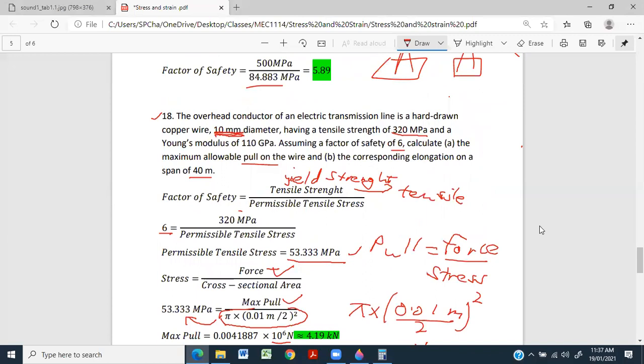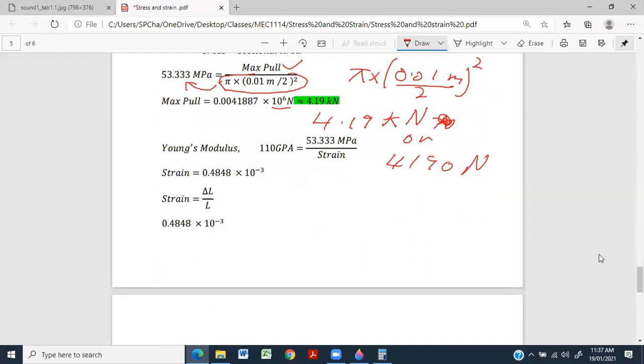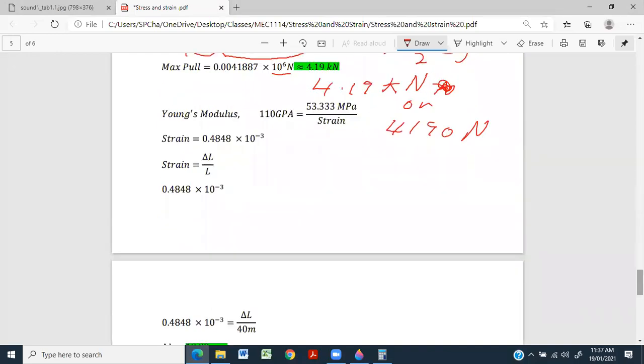Now, part B asks what the corresponding elongation is on a span of 40 meters. So 40 meters is the span, the length. We know strain is elongation divided by length. So what is strain?